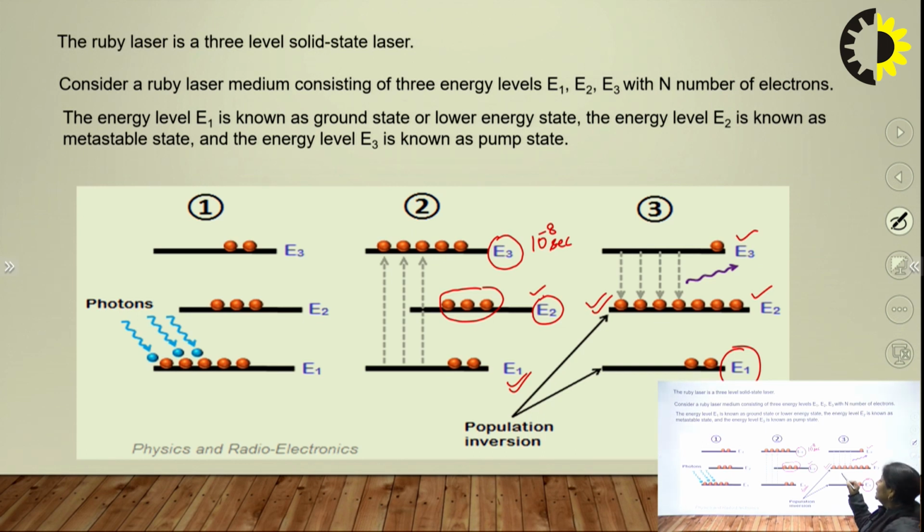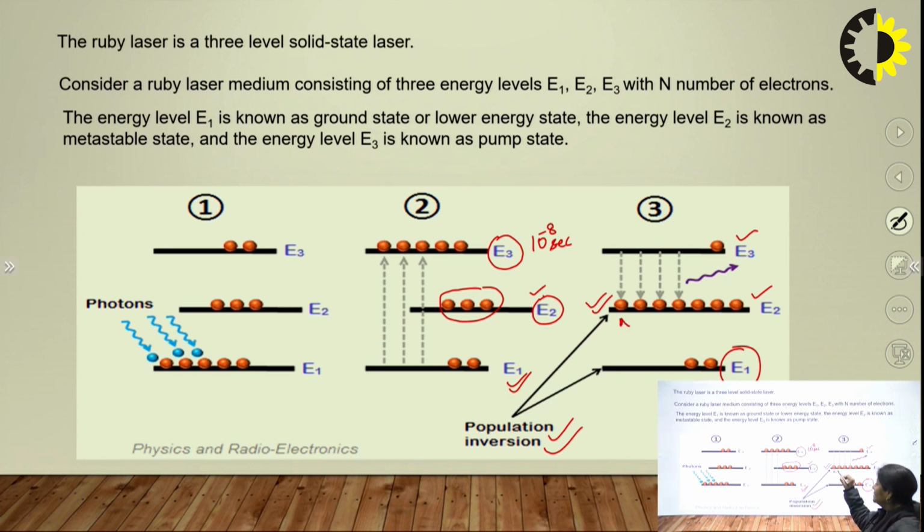Now this condition is known as the condition of population inversion, because generally a lower energy level has a large number of atoms, as atoms prefer a stable energy. That is why a lower energy level will have a large number of atoms, whereas a higher energy level will have a low number of atoms. But in this case, a higher energy level is obtaining a large number of atoms.